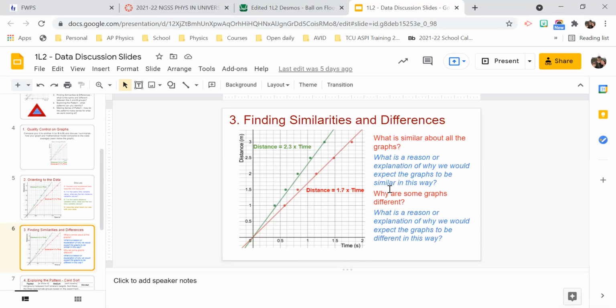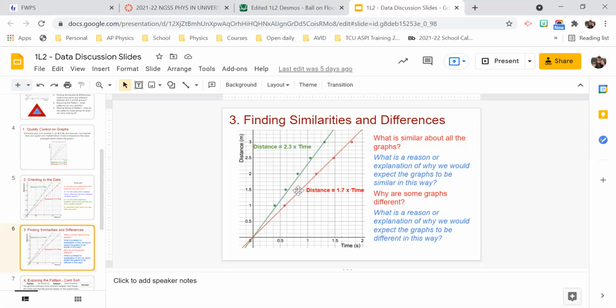So what are some differences? Well, these data points are different. So yeah, we're still looking at these two data points at maybe about 0.8 seconds.